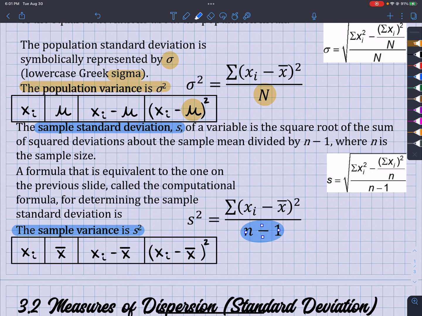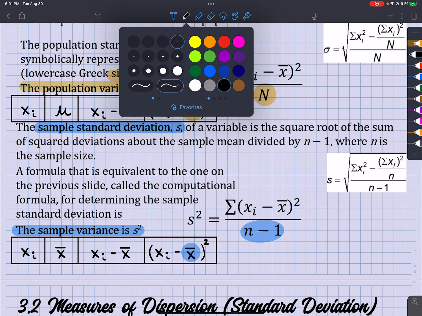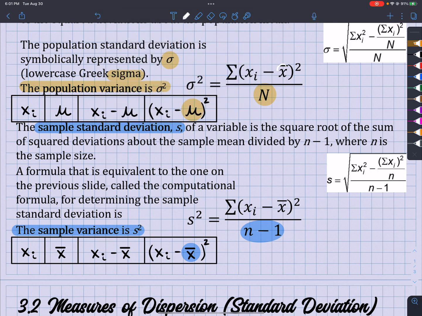What I'm showing here also uses X bar, which is a sample mean. Anytime we are looking for the standard deviation or the variance, we're going to create a table. I don't know why that says X bar, because that should actually be mu.